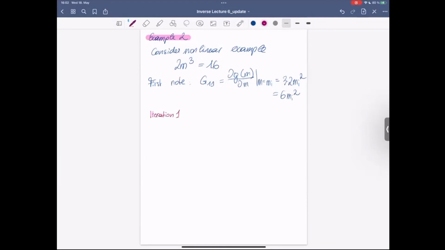Let's start at iteration 1. We start with our initial point m0 equals 1. Let's look at G11: 6 times 1 squared equals 6.